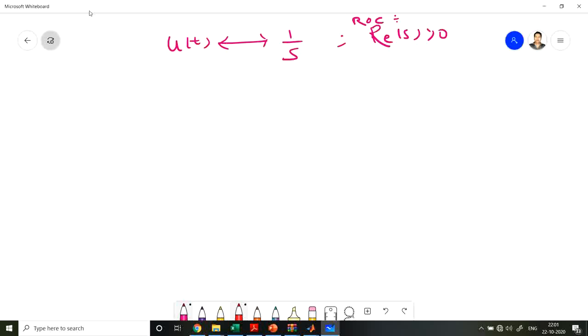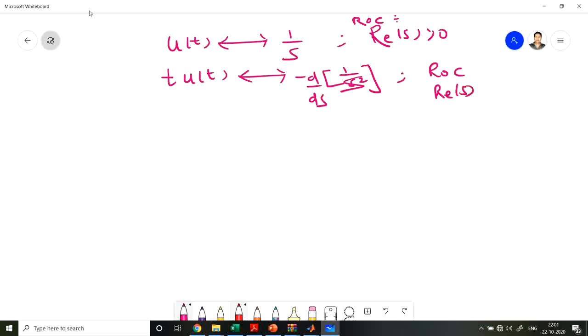Now if we multiply by t, it is differentiation in the Laplace domain. So it is minus d by ds of 1 by s, and the ROC will remain the same, real part of s greater than 0. The differentiation gives minus minus 1 divided by s square, so it equals 1 by s square, with real part of s greater than 0.